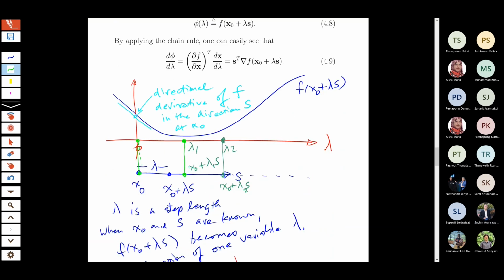For example, at lambda 2, the slope of the graph of the function at this point is equal to s transpose the gradient of f at x naught plus lambda 2 s.